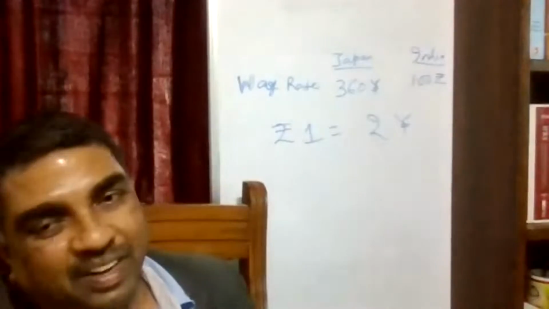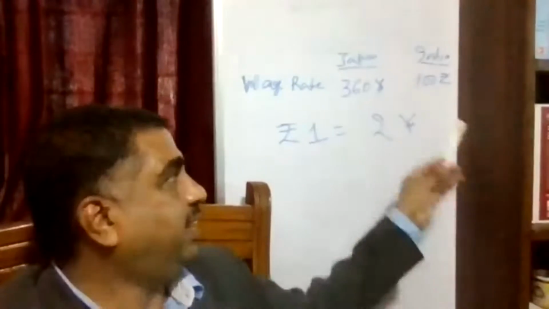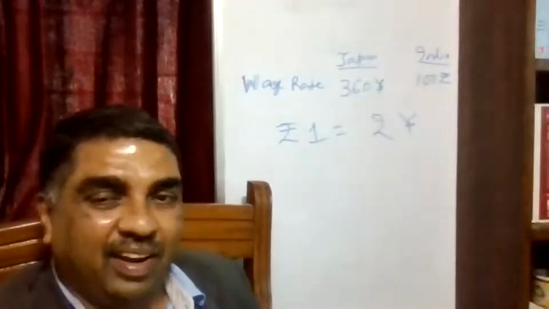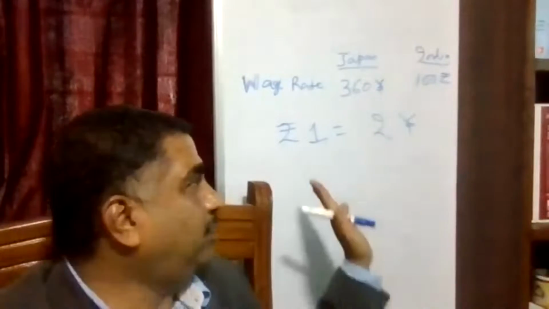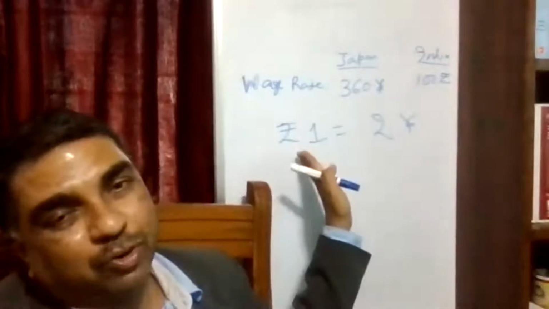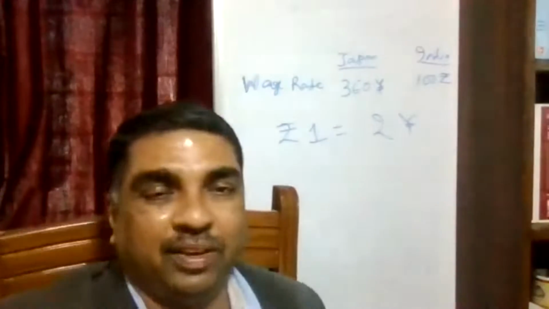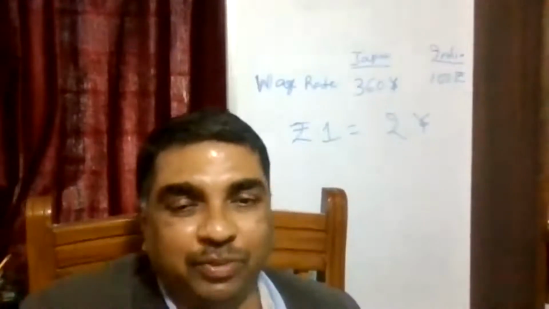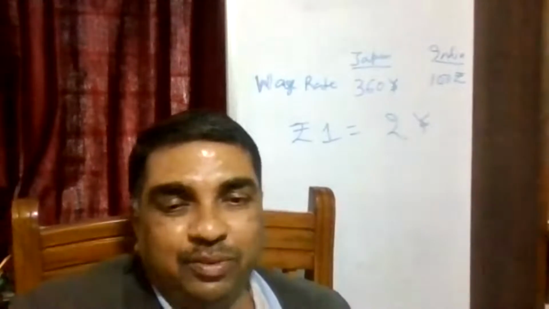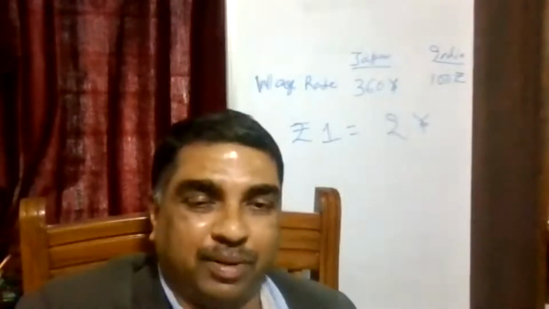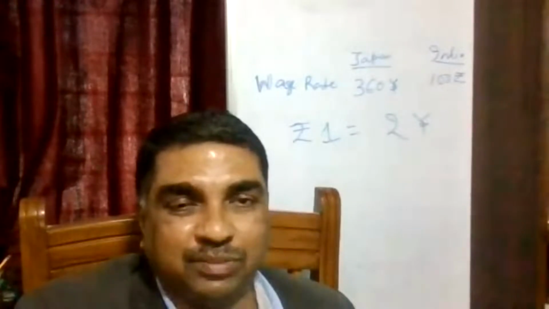And in India, if a worker works for the full day, he will be getting 100 rupees. And we are now taking an example where 1 rupee is equal to 2 yen. With this background, let us try to convert the production differences into money terms.